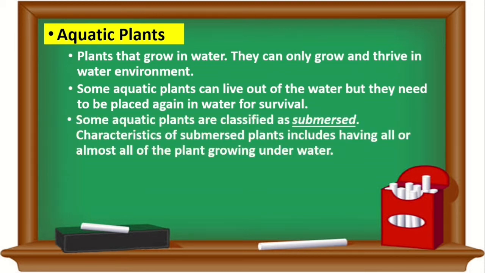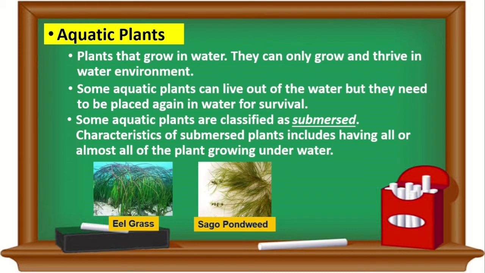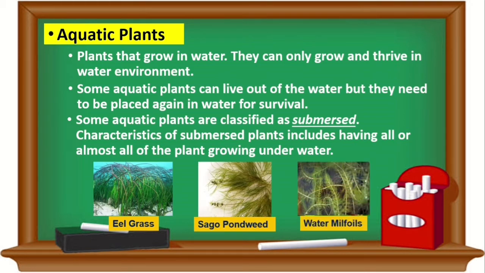Some aquatic plants are classified as submersed. Characteristics of submersed plants includes having all or almost all of the plant growing underwater, like eelgrass, sago pondweed, and water milfoils.